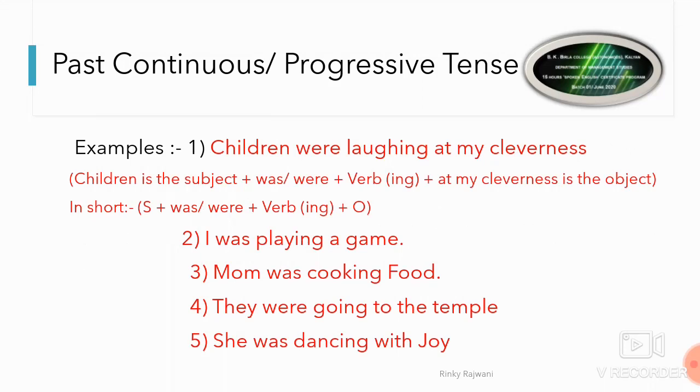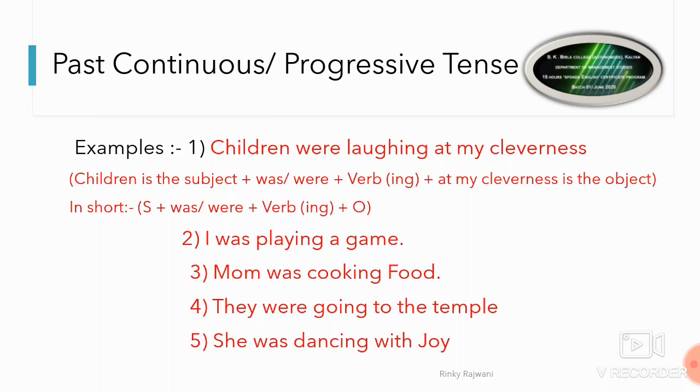Children were. Now children, many children are there, right? So children were laughing. Laugh plus ing, at my cleverness. So here children is the subject. So whenever we talk about I, me, myself, they, children, that is a subject. Was or were we will add here.